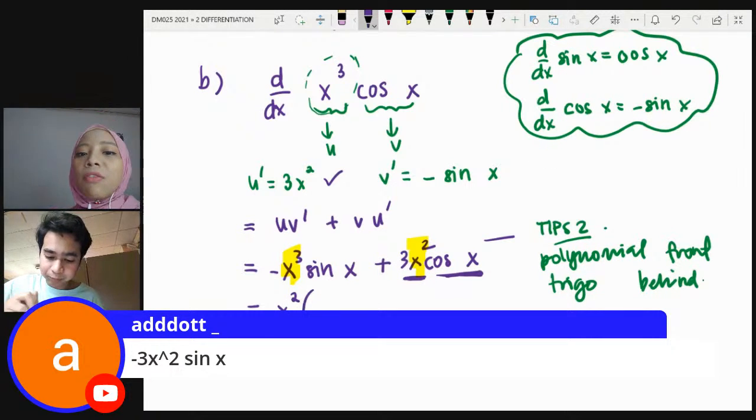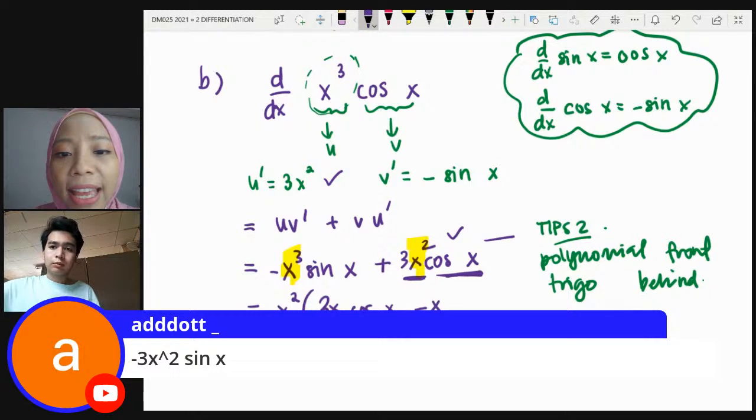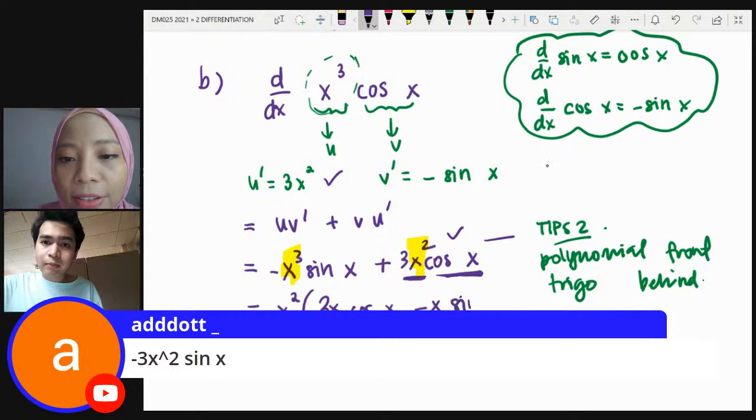While factoring x square, arrange it, with the negative at the back. So 3x cos x minus, we take x square, so the remaining is x, x sin x. Madam, this is our final answer.